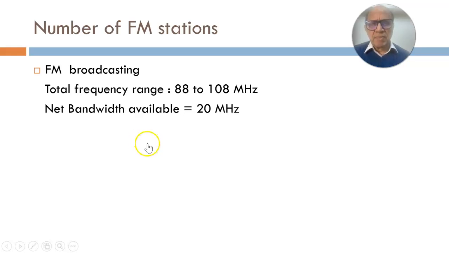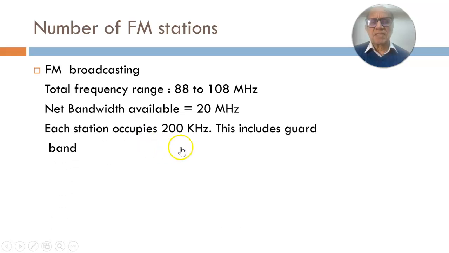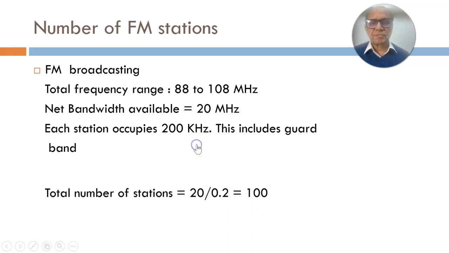But just note that every transmitter requires a bandwidth of something like 200 kilohertz, and this includes the guard band. Each station may actually require a bandwidth of about 180 kilohertz. But since filters are not perfect, when the receiver has to distinguish between two stations, some guard band is required. So including the guard band, each station occupies 200 kilohertz.